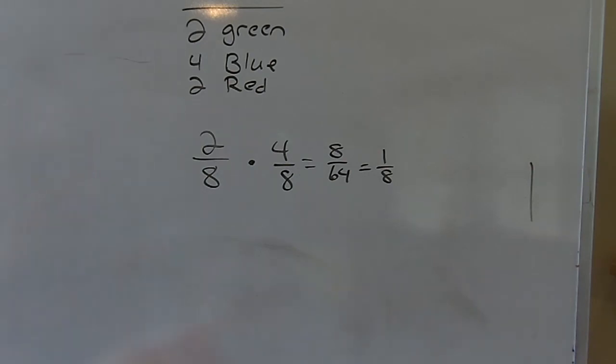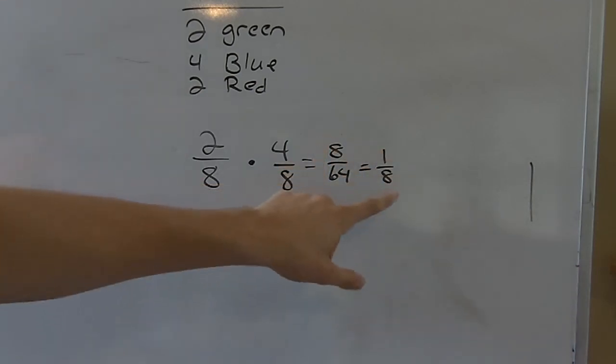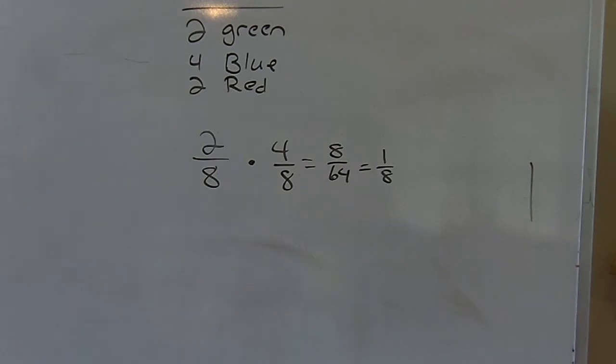Or in other words, 4 plus 4. Or in other words, 2 times 4. So you have 8 possible favorable outcomes where you end up with a green marble and a blue marble. So total, you have 8 possible favorable outcomes out of 64 total possible outcomes, which results in a 1 in 8 chance if you reduce that fraction, or roughly 12.5% chance of getting a green and a blue marble.